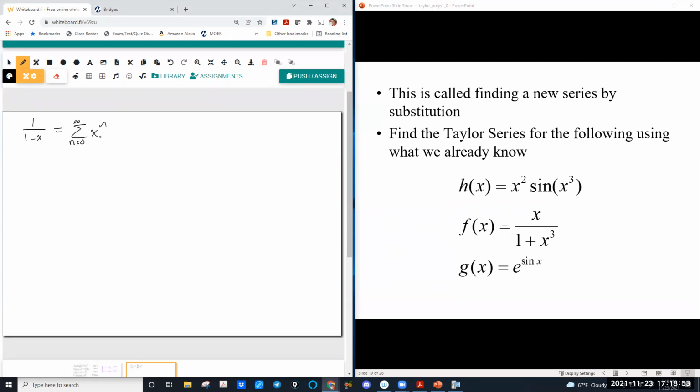That's what we saw last time. And if we wanted to write that out, it's 1 plus x plus x squared plus dot, dot, dot. Now we're going to look at the middle one, because that's the one that's set up for what we're working on. I showed you how it works for multiplication. I'm going to show you how it works with a composition.